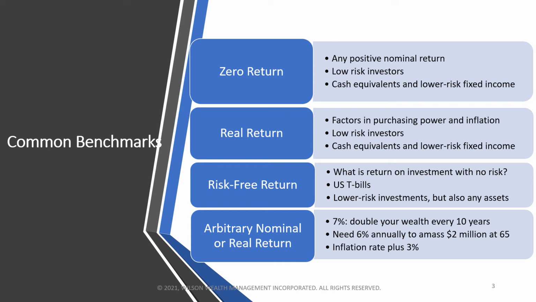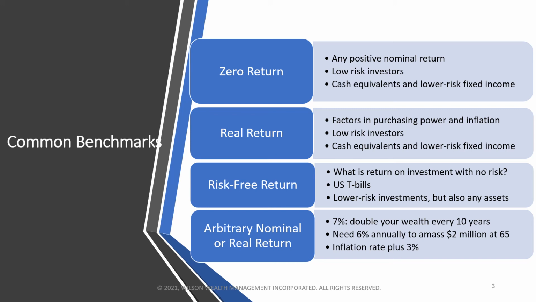You could also say, I'm investing, I want my wealth to double every 10 years. And so under the rule of 72, I need a 7% annual return. That's a little bit more structured in thought, but still kind of nebulous.